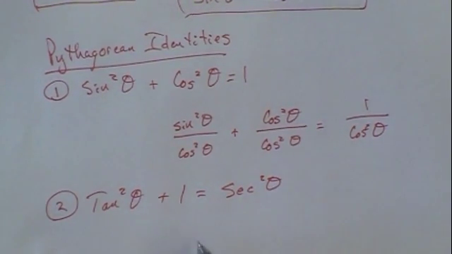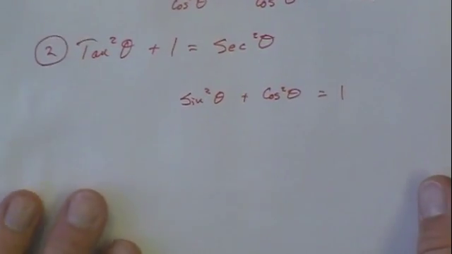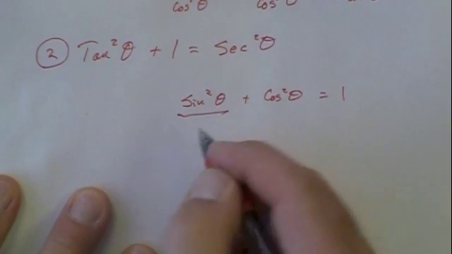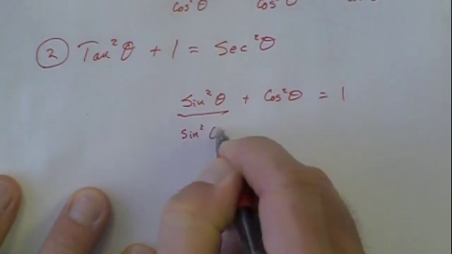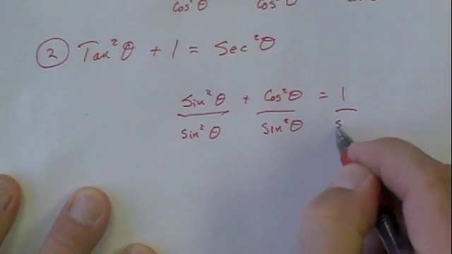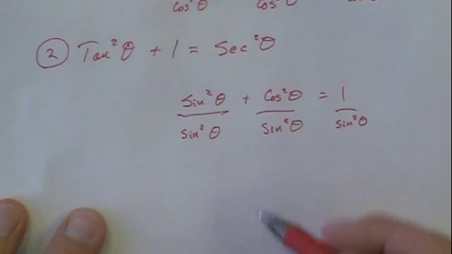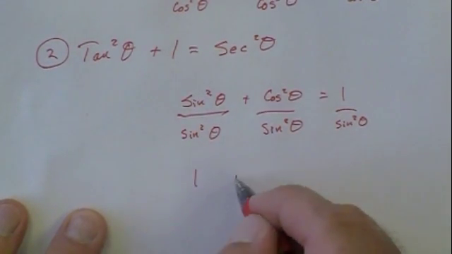We continue. Let's go back to the original. Sine squared theta plus cosine squared theta equals 1. And now let's divide everything by sine squared theta. Again, we know sine squared divided by sine squared gives us 1.